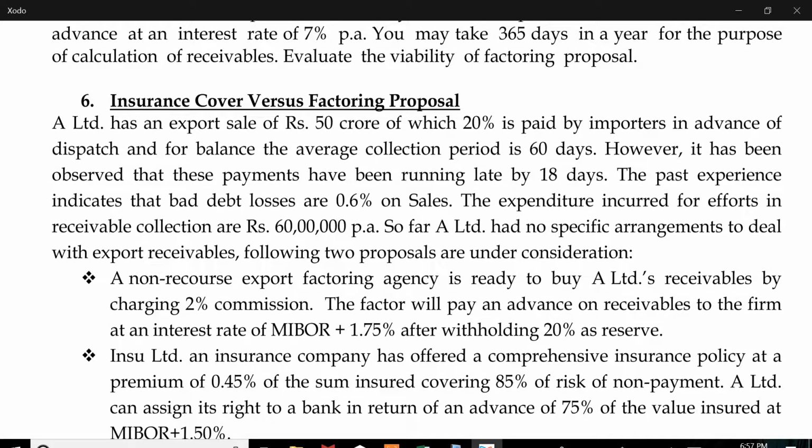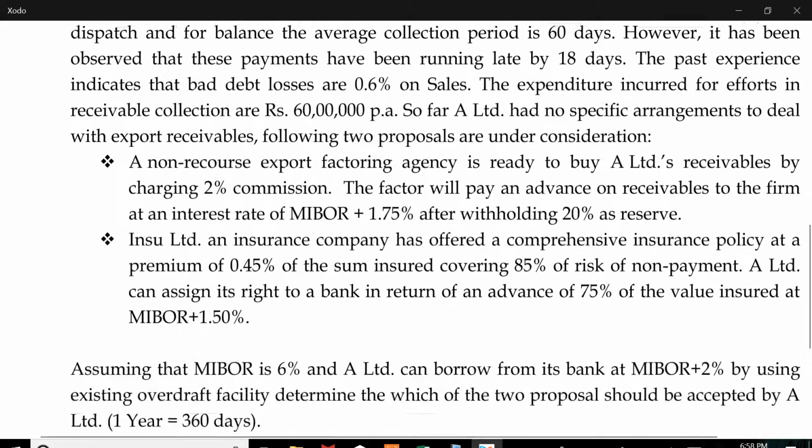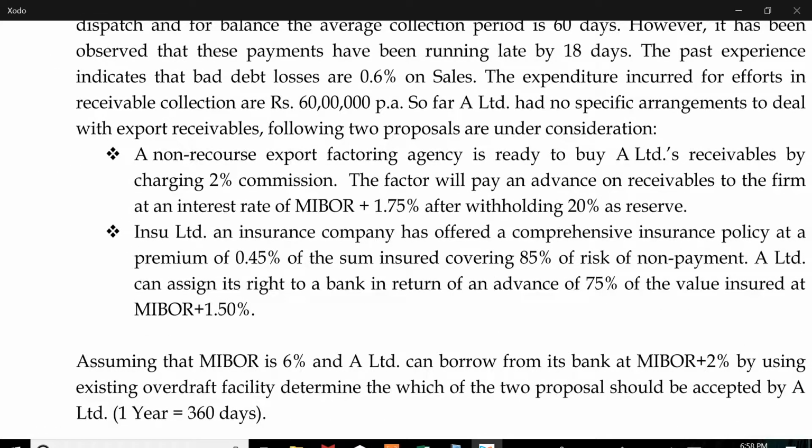Now coming to the factor, when I analyze the benefits and the cost of a factor, the first benefit for me is my bad debt will come down. Clear? The second benefit is receivables collection cost will come down. Admin charges are going to come down. Third thing is, I'm going to save some interest also. Earlier I used to take a loan at MIBOR plus 2%.